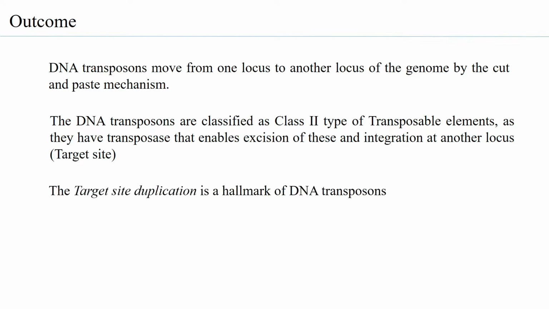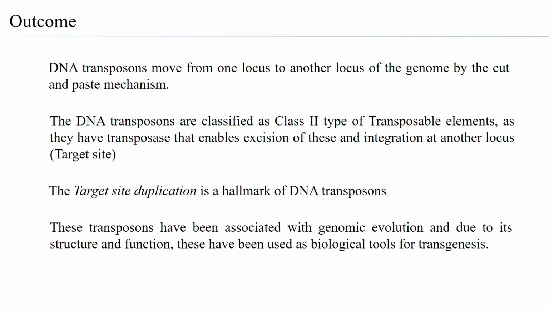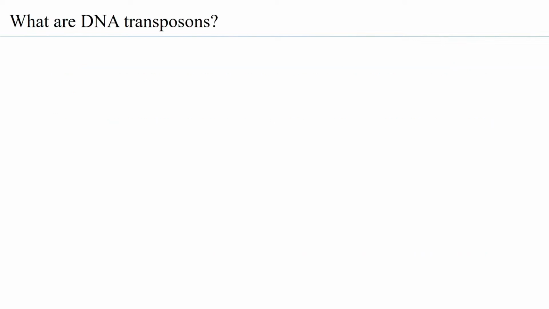Target site duplication is in fact a hallmark of DNA transposons. These transposons have been associated with genomic evolution, and due to their structure and function, they have been used as biological tools for transgenesis. Now let us understand the structure of DNA transposons.